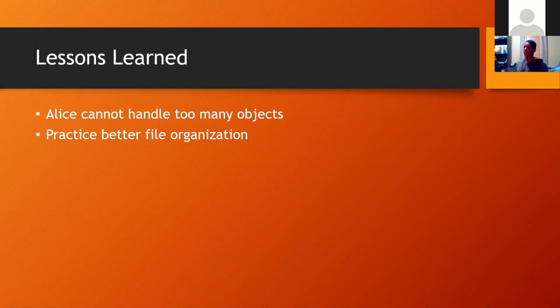So that's it. And the lessons learned is I learned that Alice cannot handle too many objects, and that I should practice better file organization, because in the beginning of the project, I was strict on naming the files and putting them in specific locations. But as it took longer and I progressed through the project, I didn't really care about naming it specific things, and I just put the files in random locations.